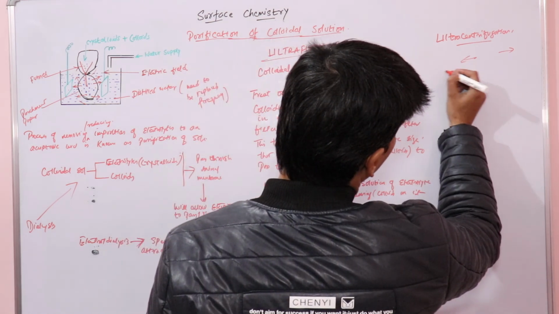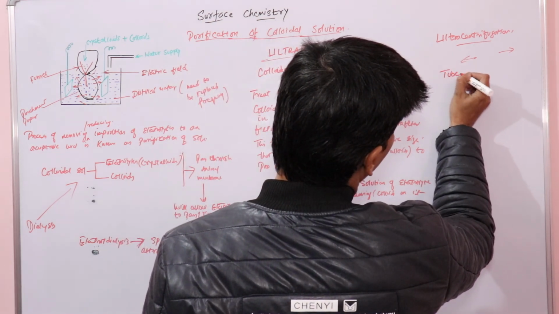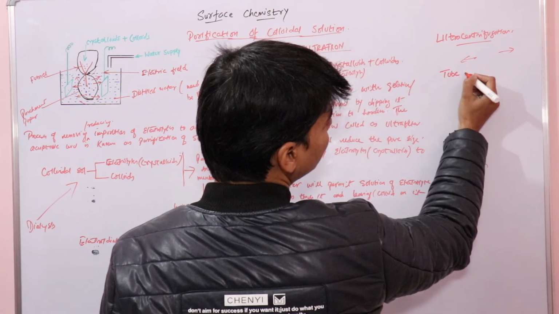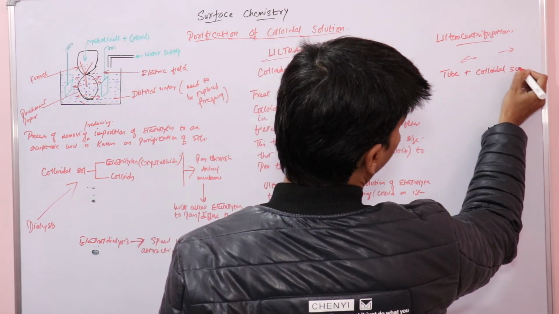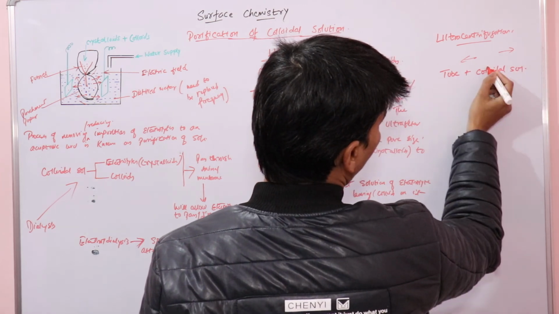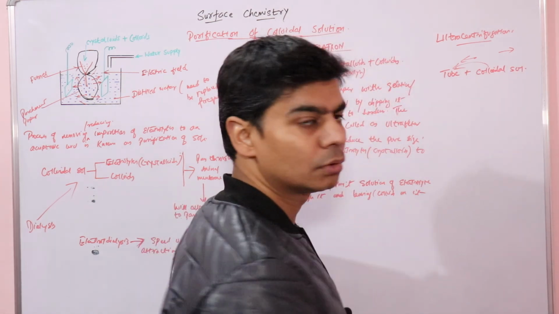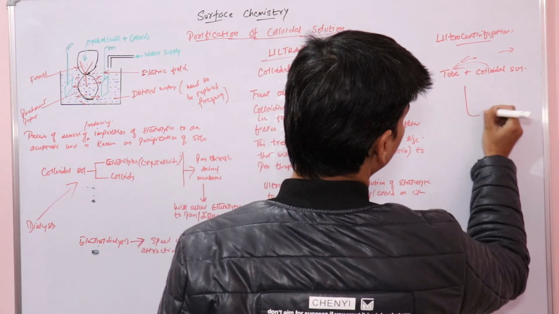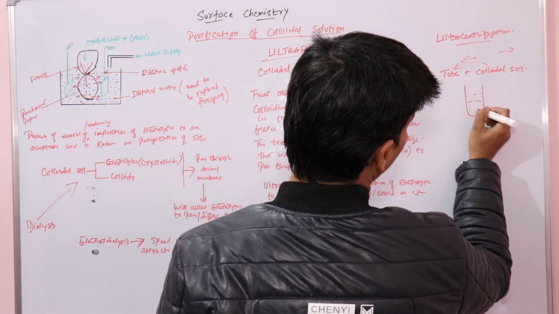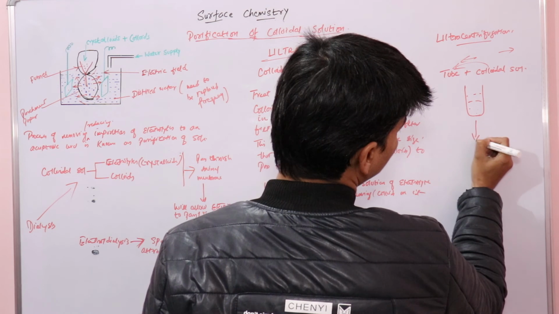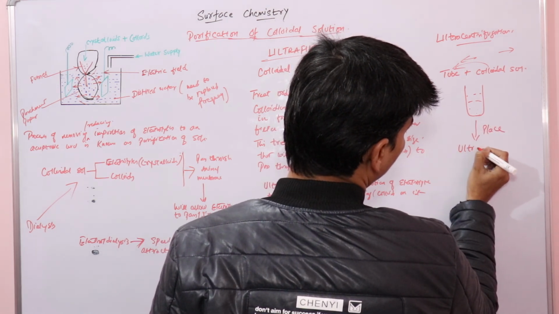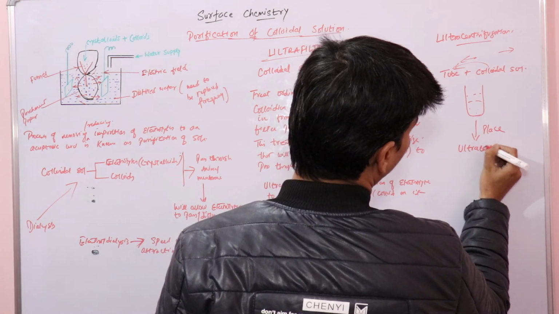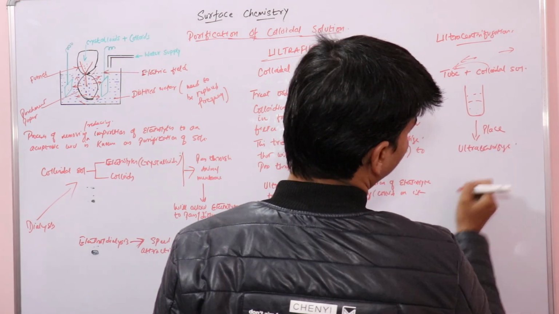So here you take a tube, and in this tube you add colloidal solution, right? Suppose you have taken this kind of tube, then you place this tube in the ultracentrifuge, right?